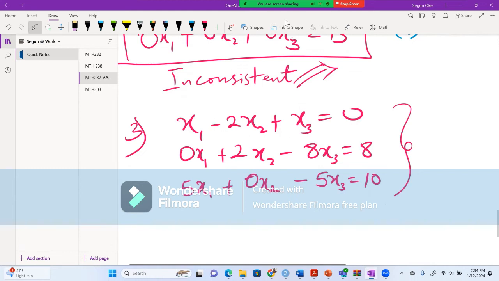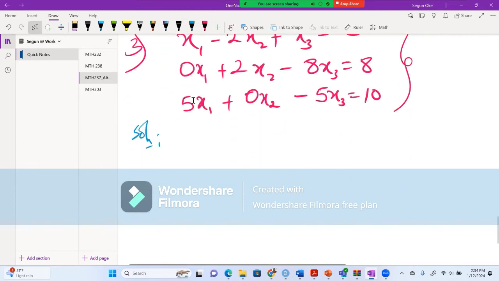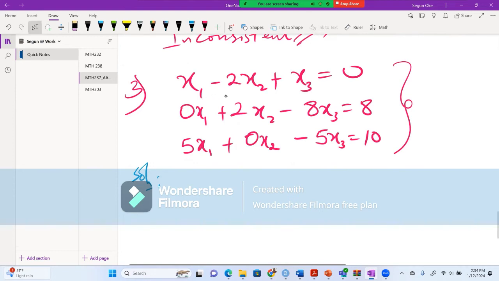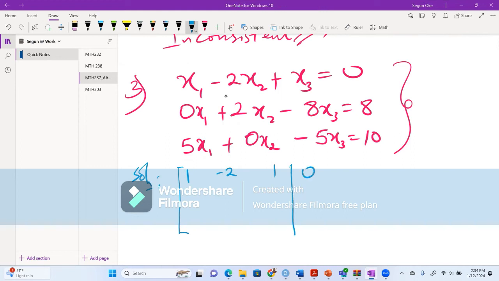So how do we solve this? Anybody? For you to solve this, extract your matrix out of it, your augmented matrix, write it out. It's going to be 1, -2, 1, which is 0, 0, 2, -8, 8, 5, 0, -5, 10.